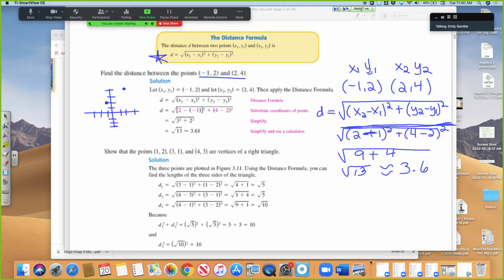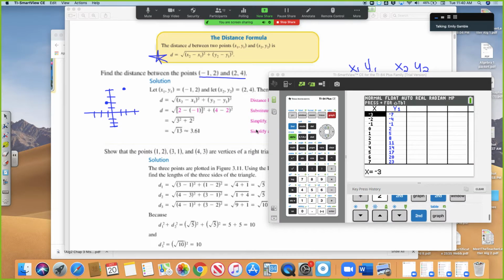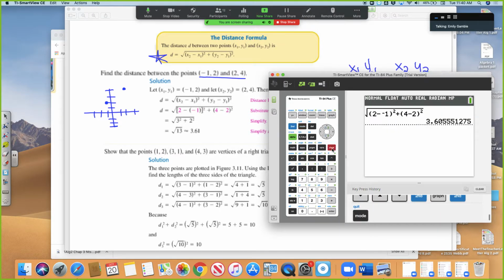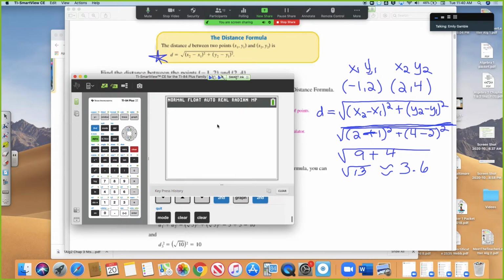Here's how you can do it with the graphing calculator all in one step. So you quit out of the y equals thing because you don't need that. And then we're starting here at this page, and we can do it all the way from the very beginning. You would go to second x squared, and it brings up the square root symbol.